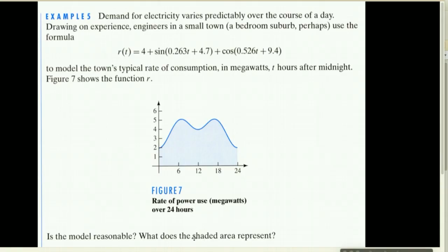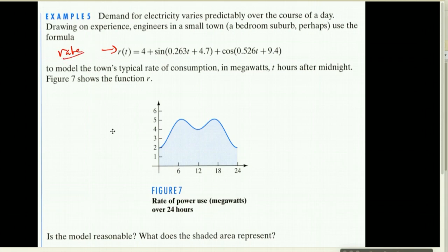Now, to make this more concrete, let's look at a specific example. The example that the authors choose is this one. I encourage you to stop the video, read this example for yourself, and then start the video back up to see how we go about solving this. So hopefully you've done that. What I want to notice is that this is a rate function.